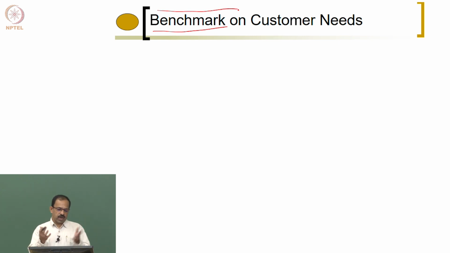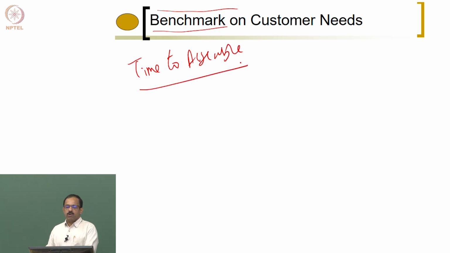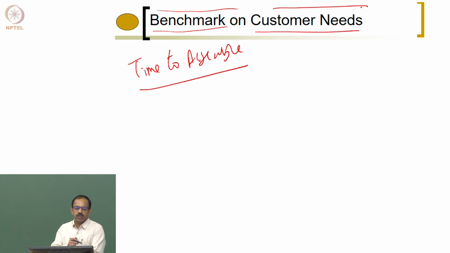For example, you are talking about the cycle which we discussed in the previous class. We are saying that time to assemble is a metric, and the customer need associated with this was easy to assemble.